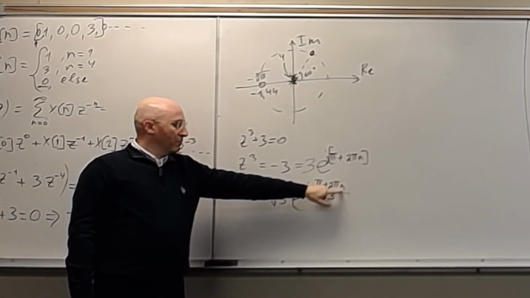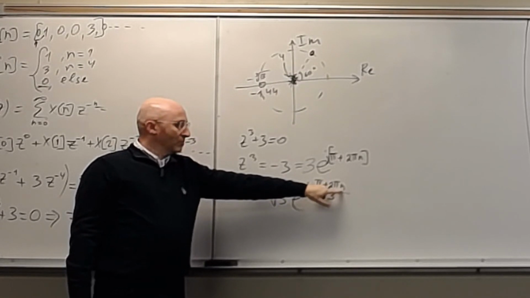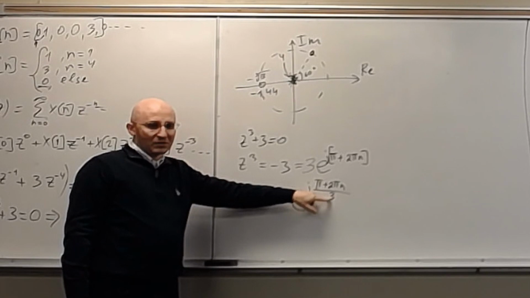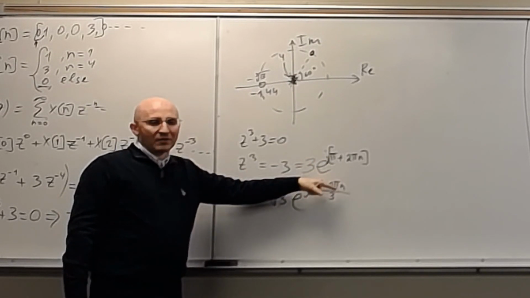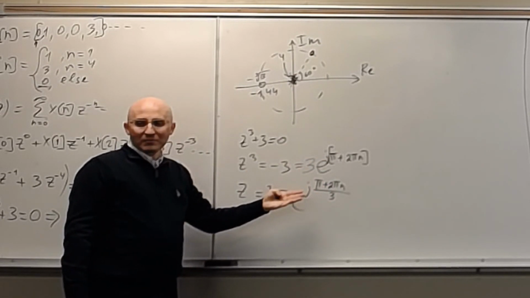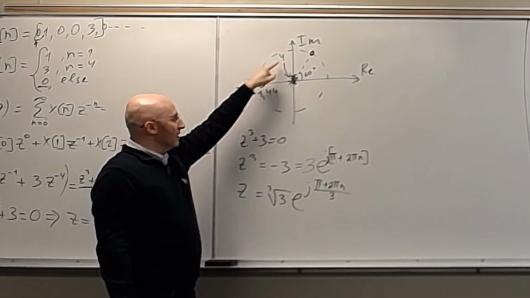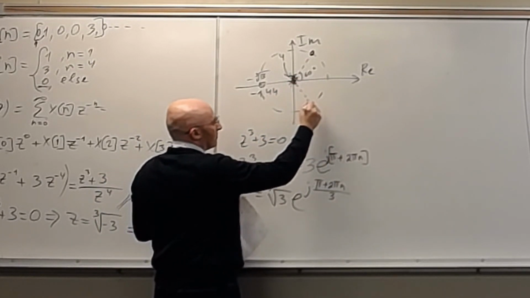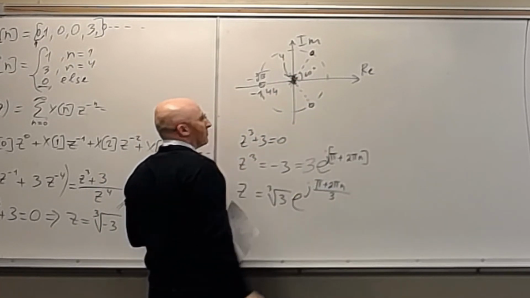Now, pick n equals 2. So it's 4 pi plus pi, which is 5 pi divided by 3. So it's 5 divided by 3 pi. What angle is that? It's basically adding here the same angle. It will be kind of minus 60. Right. So it will be here.